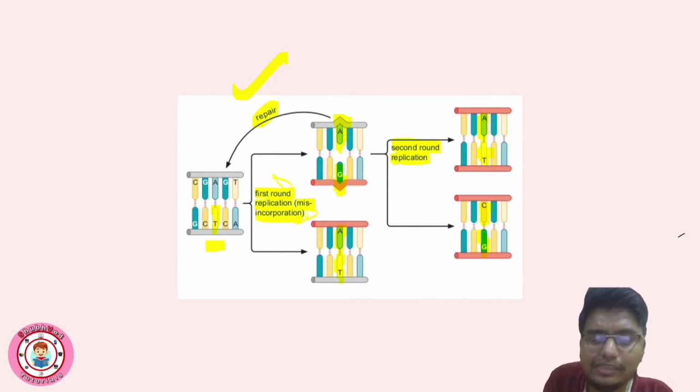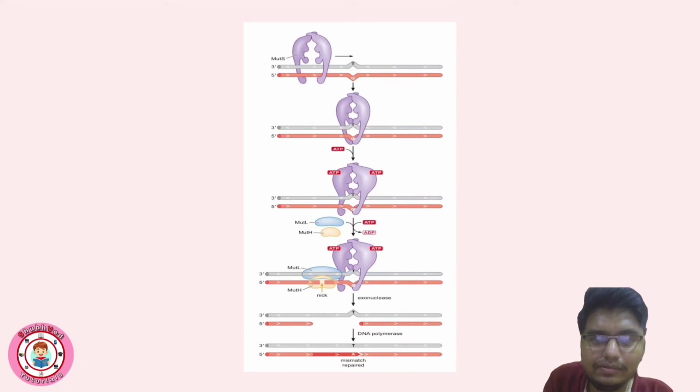So let's see the pathway now. This is the first protein, known as MutS. MutS will scan the DNA and recognize the mismatch.